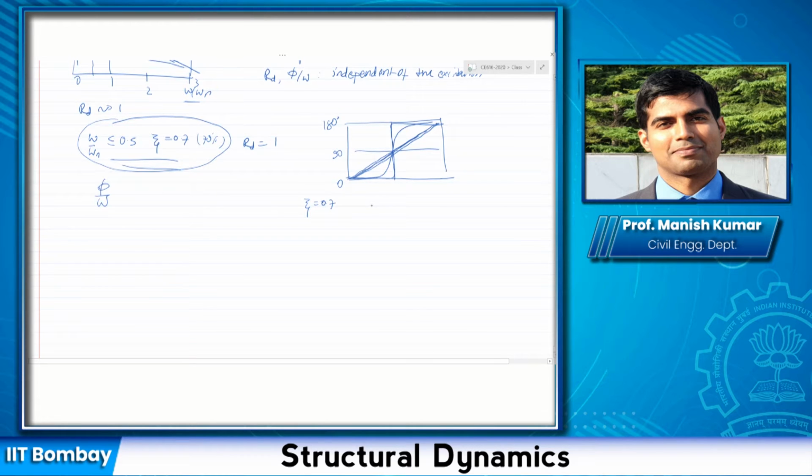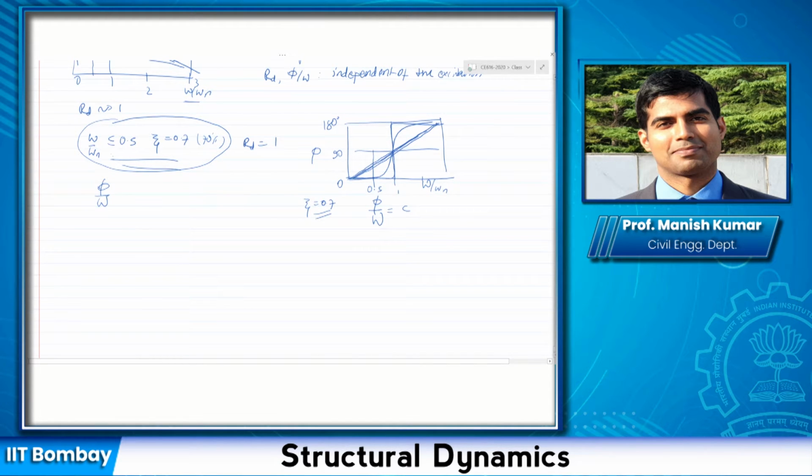A straight line means that phi by omega_n is a straight line for this value, in this range, say 0 to 0.5, 1, 1.5. I am considering again the same range for which both criteria are satisfied. So for this case, phi by omega is basically constant, and that is what we want.